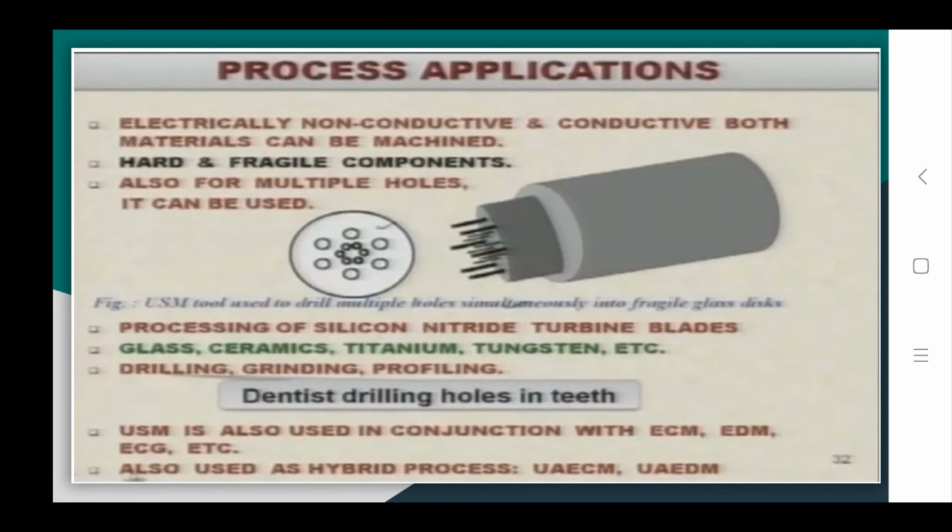There is another very important capability of this process. Multiple holes or multiple cavities can be machined at the same time, and it can be used as you can see here. This is a tool which is having more than one hole. And this is the shape that has been produced on the workpiece.